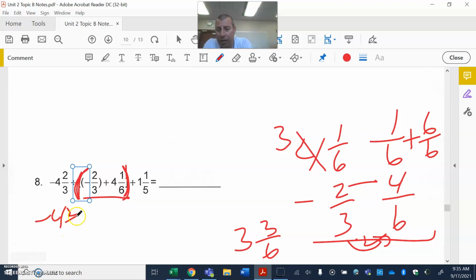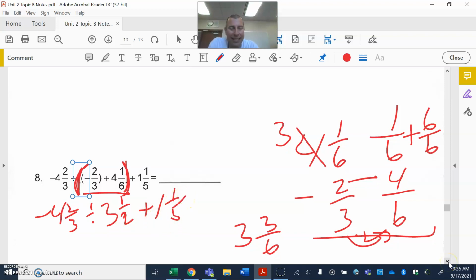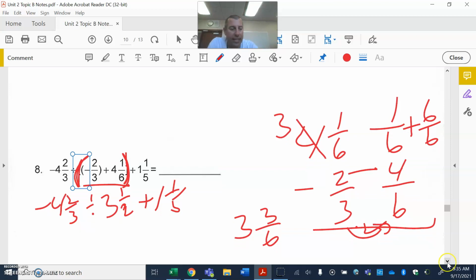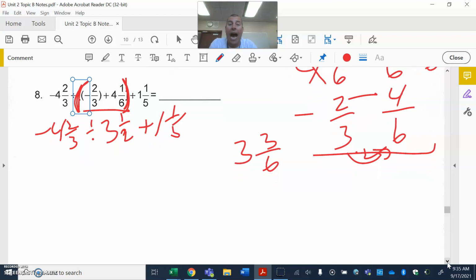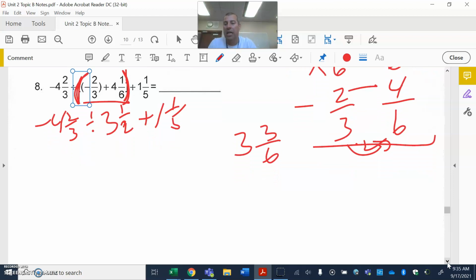Negative 4 2/3 divided by 3 1/2 plus 1 1/5. Okay, I see division, I see addition. So let's knock out the division that's next. Remember, we're going to need improper fractions here. No common denominator. So 3 times 4 is 12. 12 plus 2 is 14.